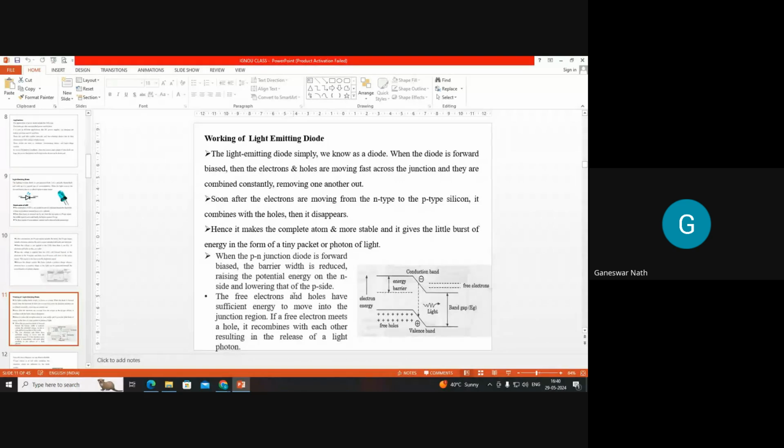So when the diode is forward biased, the electrons and holes move across the junction and combine constantly, removing one another from the junction.